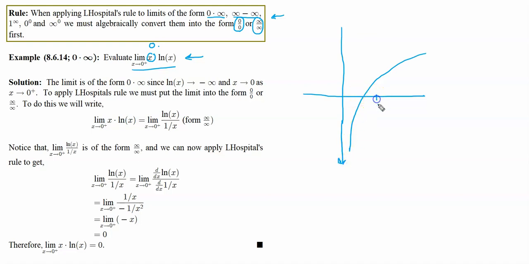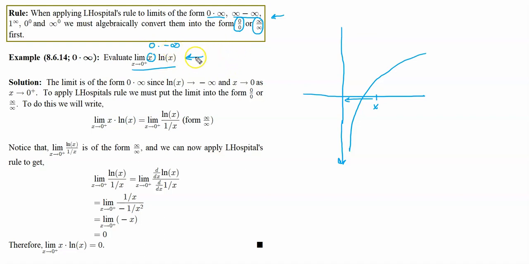So as x approaches 0 from the right-hand side, you'll notice that the natural logarithm goes down to -infinity. So the natural log of x is approaching -infinity. So this limit is of the form 0 times infinity.